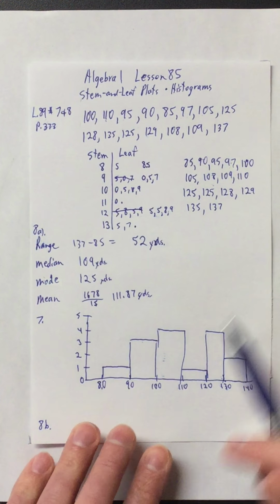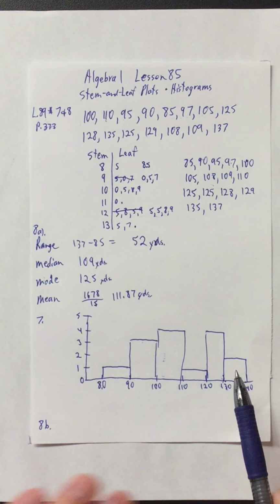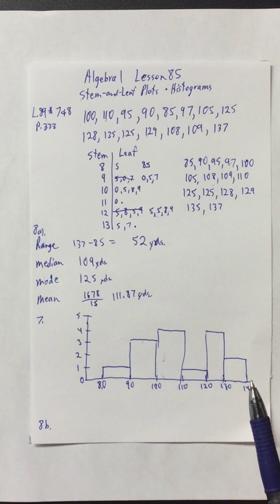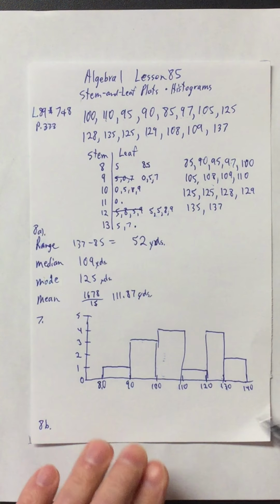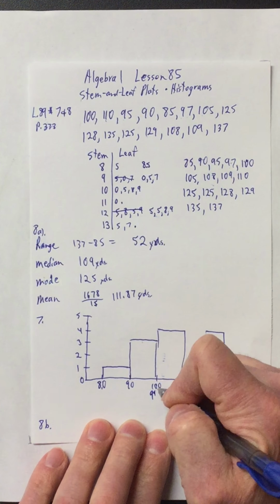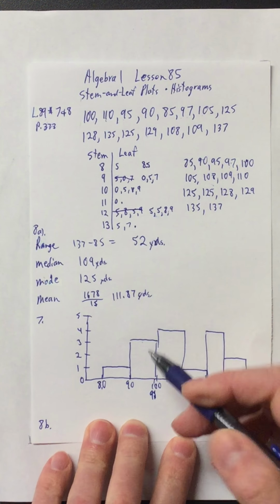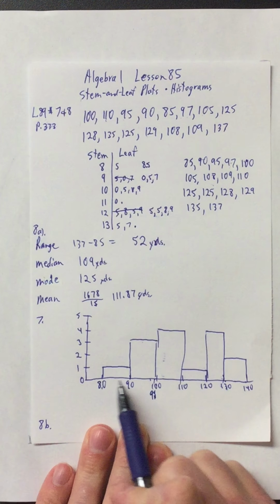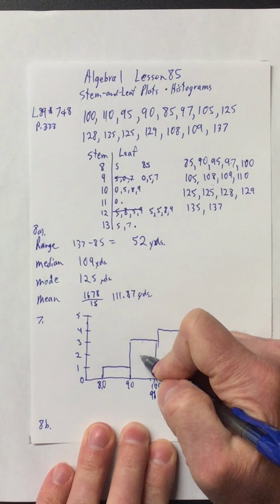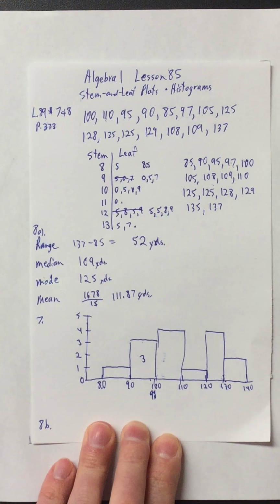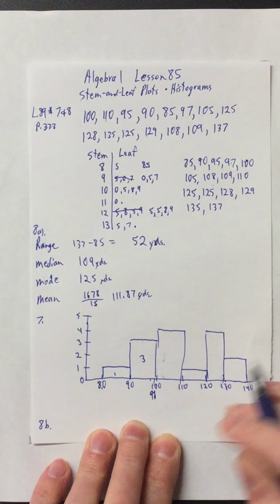Okay, so now that I have this set up, I am set up to answer question B in lesson 89, homework number 8, and it says determine the percentage of distances that were less than 99 yards. Well, 99 yards is right here, so less than that goes this way. So I've got 3 numbers here and 1 number here.